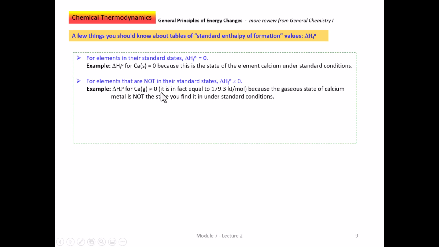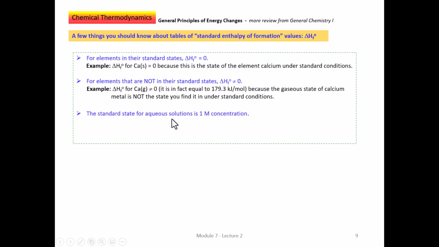Well, it's an element, calcium, so why isn't it 0? It's because it's in a state that's not its standard state under standard conditions. So under standard conditions, calcium is a solid, it's not a gas. If you did form calcium in the gas form, it would take some energy to do that, so it's going to have a heat of formation value.